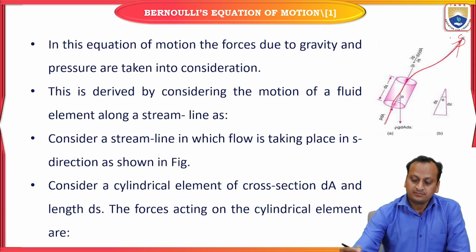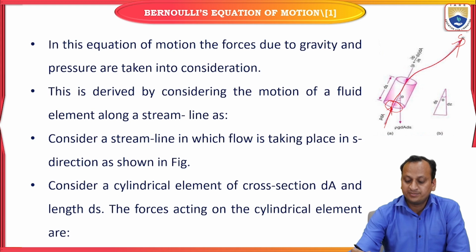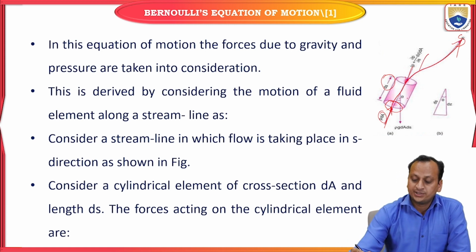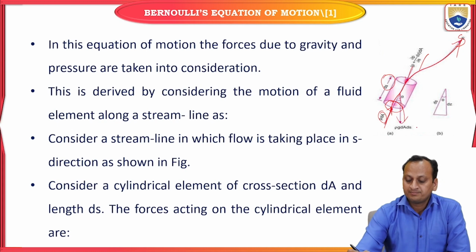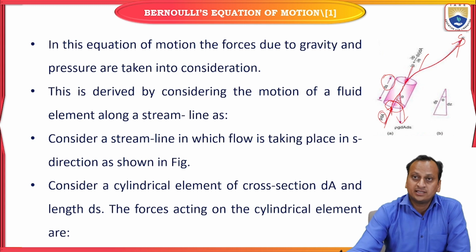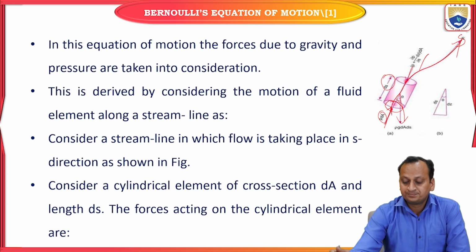Its cross-sectional area is dA, the pressure force at the inlet is P dA, and the length of the fluid particle is ds. The pressure force acting in the opposite direction at the exit of the fluid particle is P plus dou P by dou s into ds, times dA. The component due to the weight of the fluid particle is rho g dA ds, acting at an angle theta from the direction of flow.